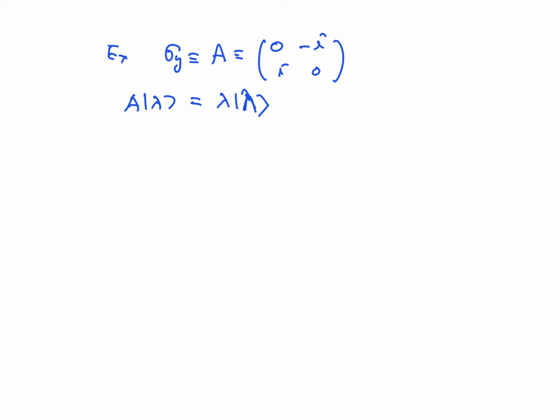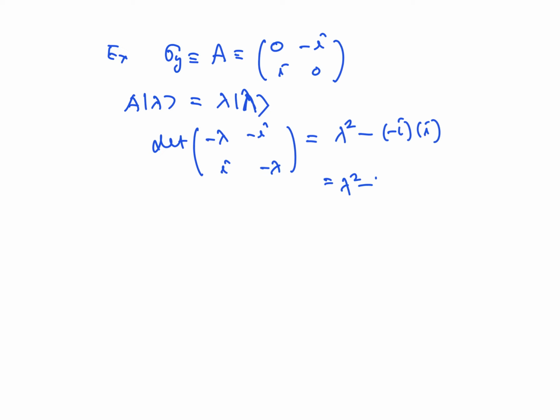So the determinant of minus lambda, minus i, i, minus lambda is lambda square minus 1 is equal to 0. So lambda is again plus 1 and minus 1. So familiar, right?